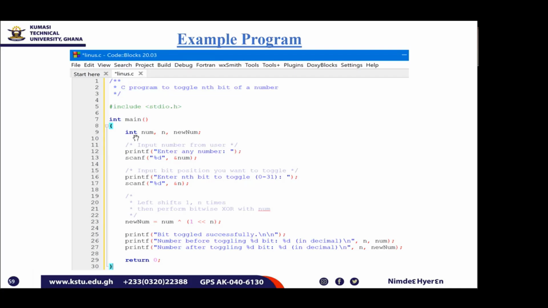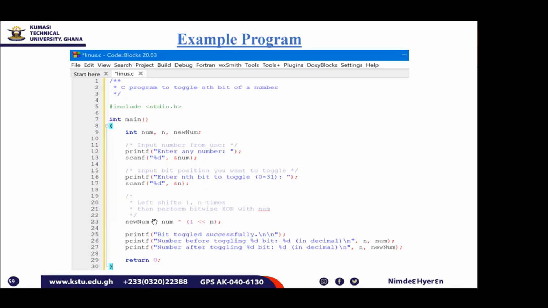So you have integer num n and then new number. For the first instance, print enter number to request a number. If the number is entered, it toggles between 0 to 31.